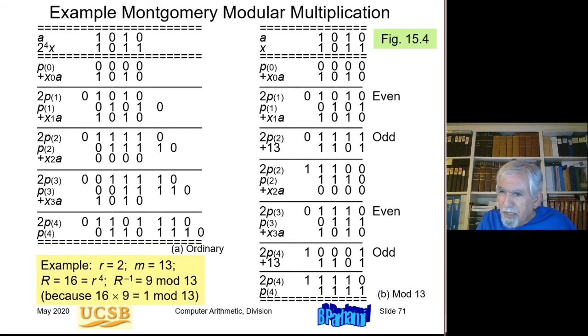And so if this partial product is in carry-save form, and I do carry-save addition, including the adding of 13, each cycle is pretty fast. I have these occasional adds, which means an extra carry-save stage, but still the process is almost as fast as regular multiplication, even though it's modular multiplication.